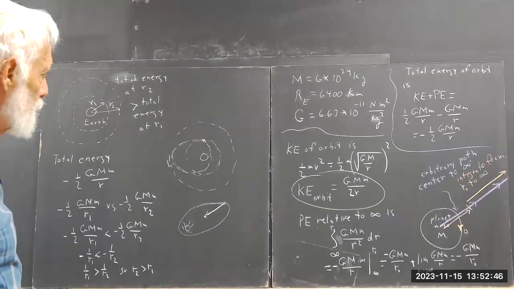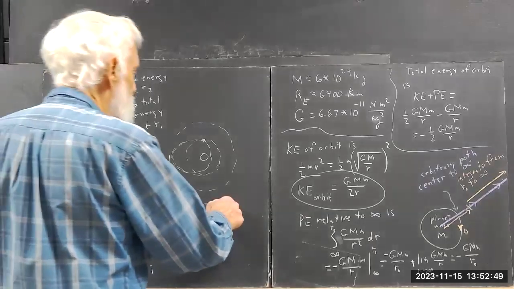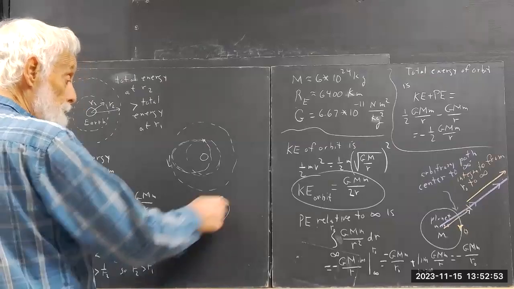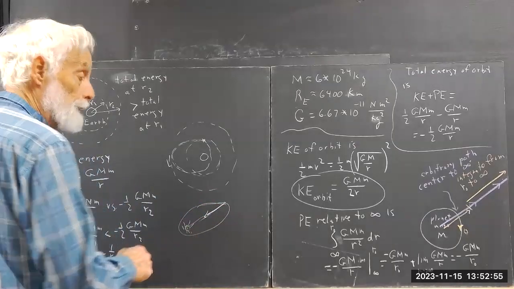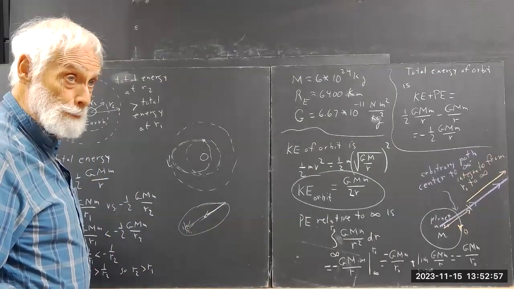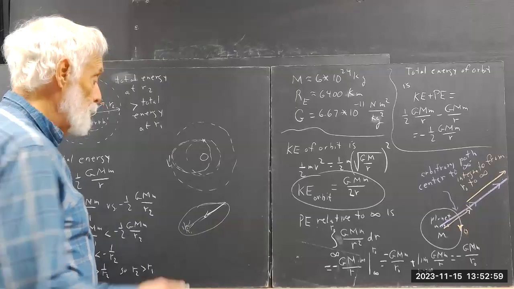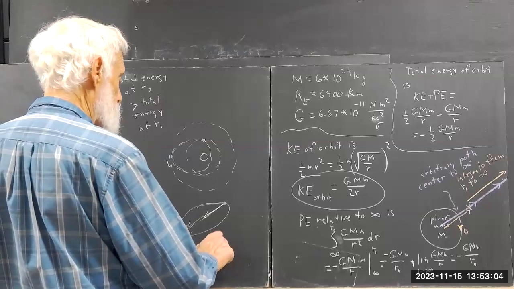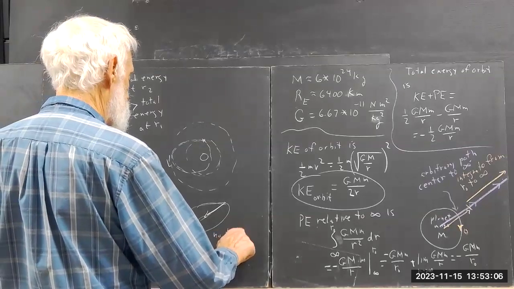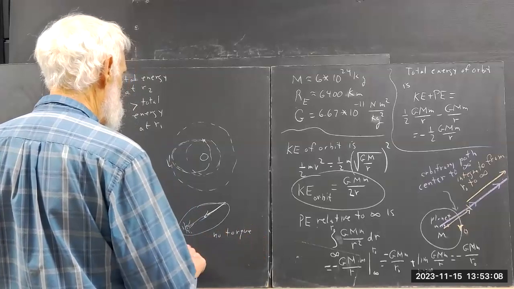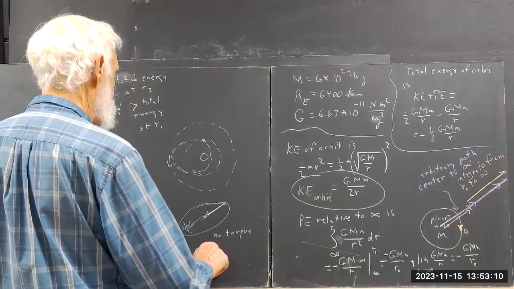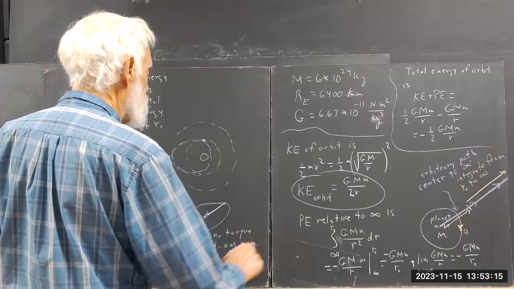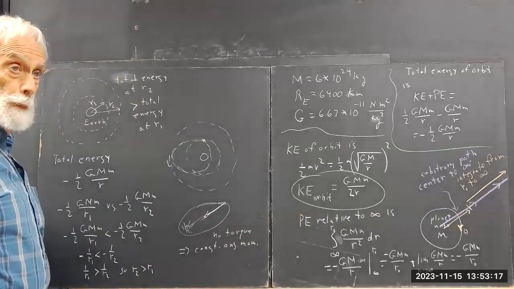Which means that the torque exerted on this thing about the center of the sun is zero, because the moment arm is zero. The sun's on the path of this thing. Remember what we did last time. Okay. So at no point on the path do you have any torque. Which implies constant angular momentum.